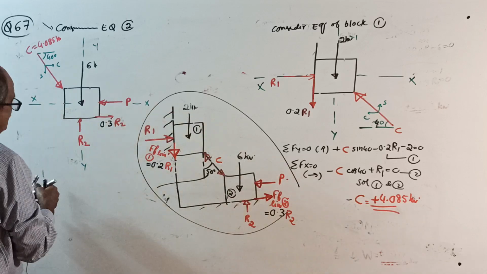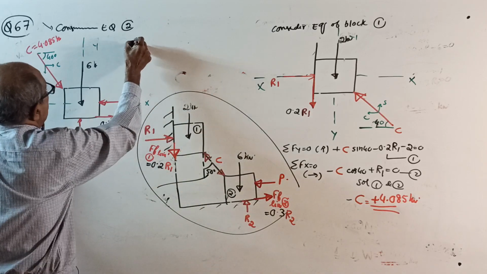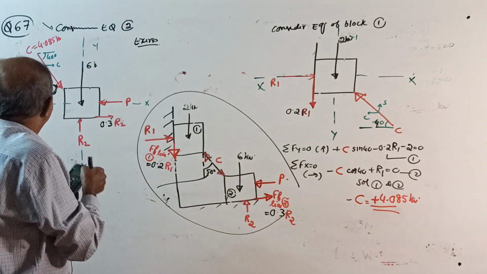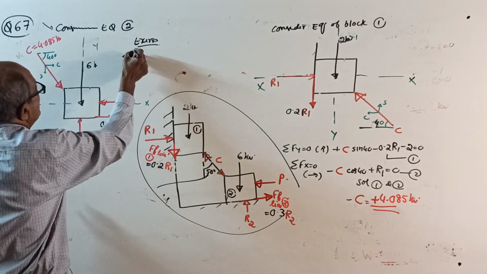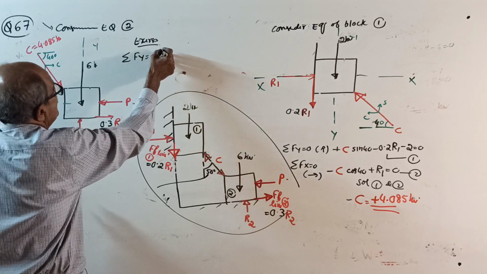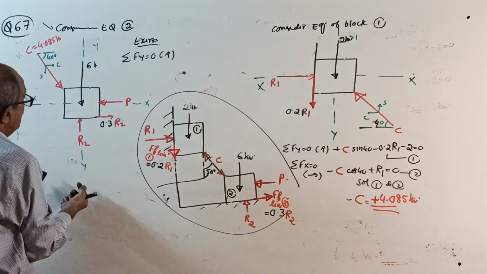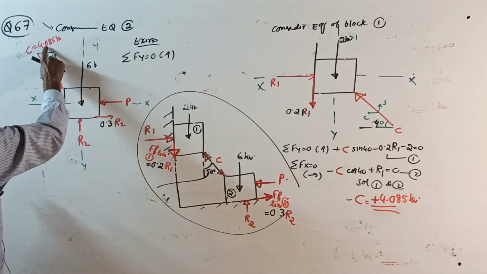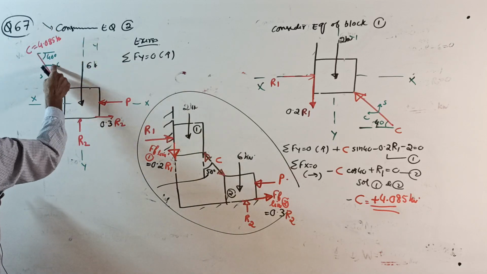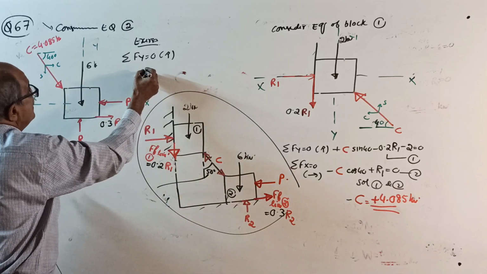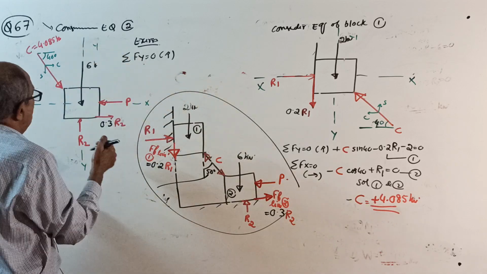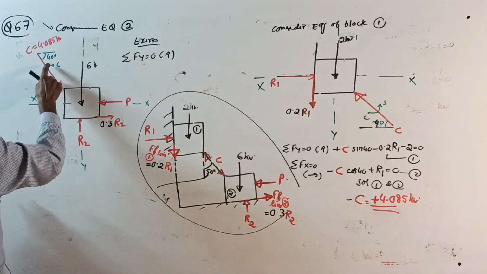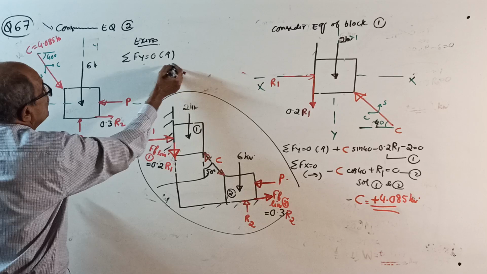Now this is an exercise for you. Sigma Fy = 0, take upward positive: plus R2 minus 4.085 sin 40 minus 6 equal to 0.